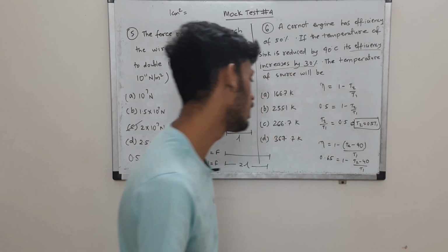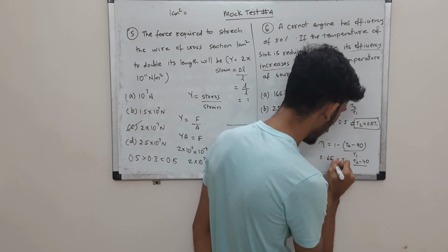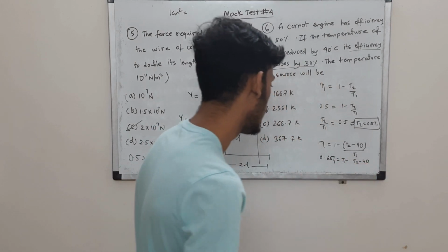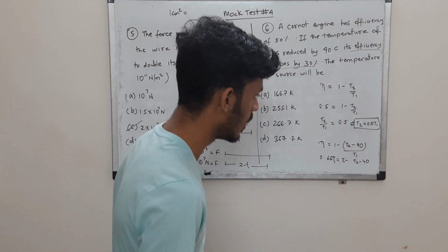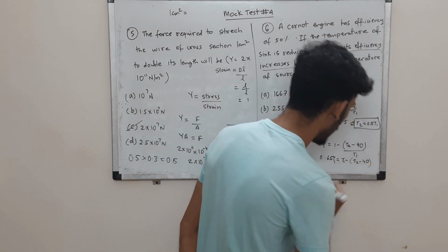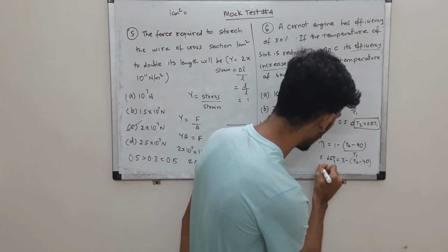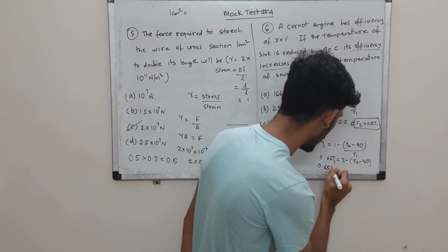Are we supposed to solve this? Okay, let's solve this. I'll multiply T1 everywhere. So this is the equation that we end up with. Now what shall we do? We want T1, and here we have a bracket, mind you. T2 we can write as 0.5 T1, so we'll use that relation.